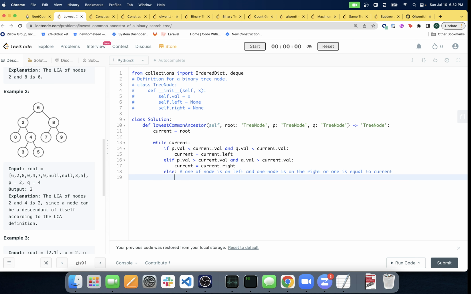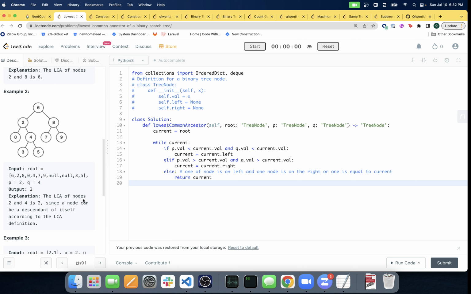If either of those are the case, then we found the answer, so we're going to return current. And we're guaranteed to find an answer, so we're guaranteed to hit one of these points at some point.